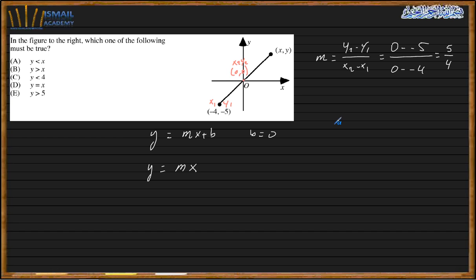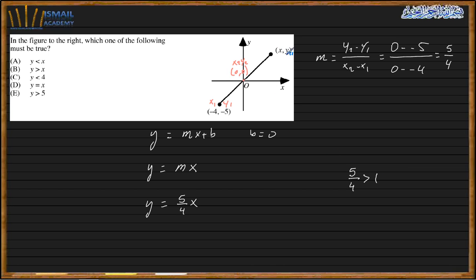So my equation here becomes y equal 5 over 4 x. We know that 5 over 4 is greater than 1. Why? Because 5 is greater than 4. The numerator is greater than the denominator. This is an improper fraction, and an improper fraction is always greater than 1.